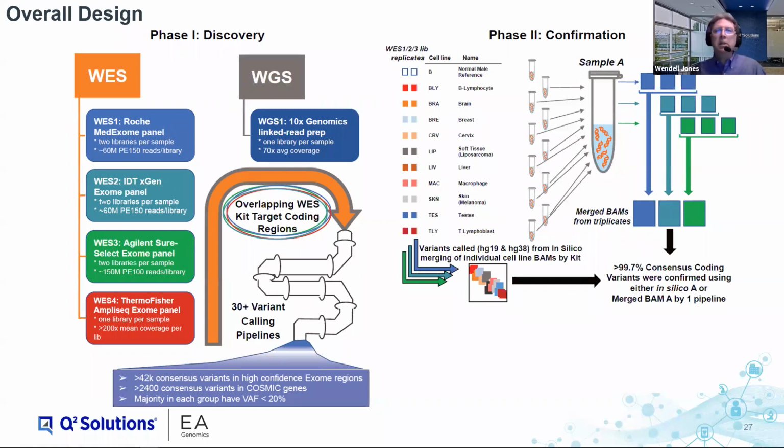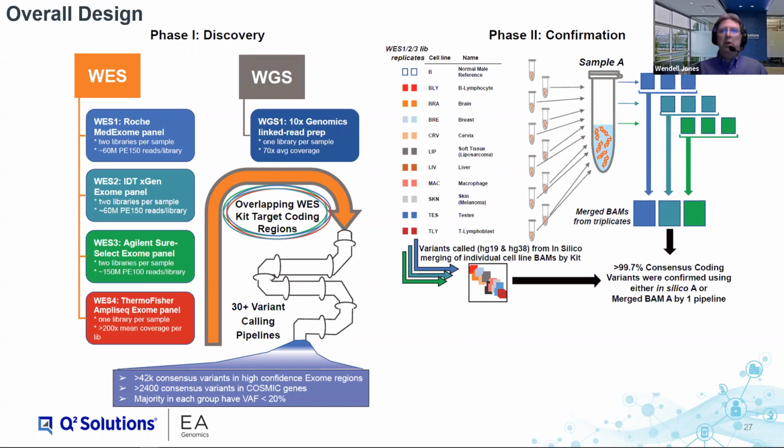We're also going to look at an in silico merging of individual cell line BAMs by kit for both HG19 and HG38.